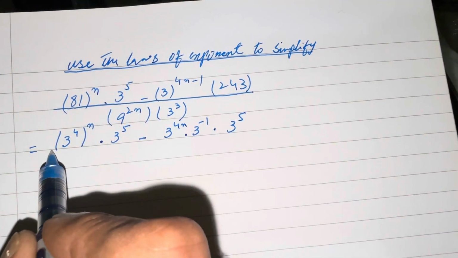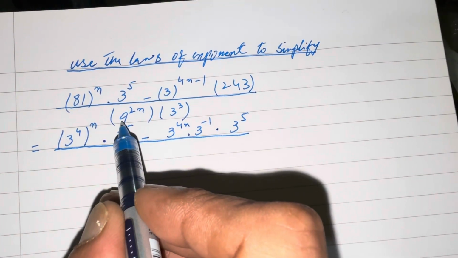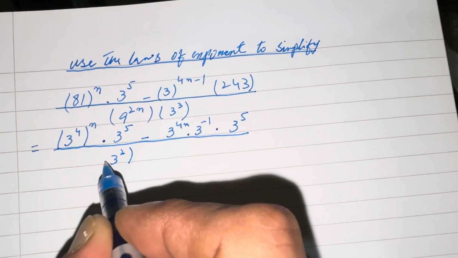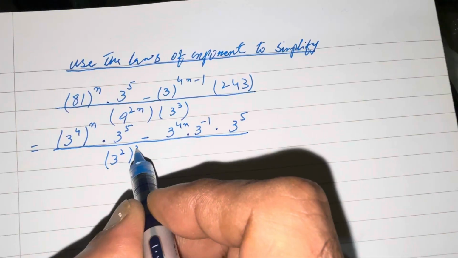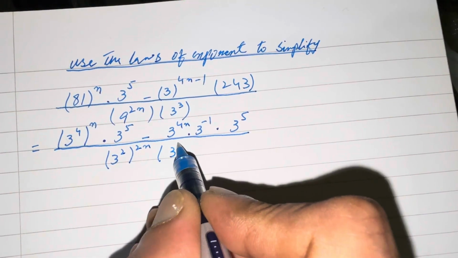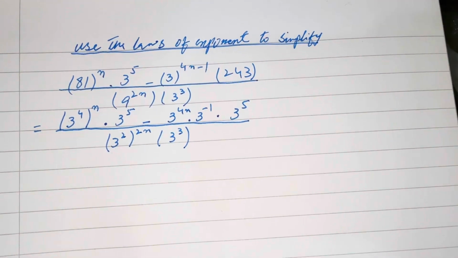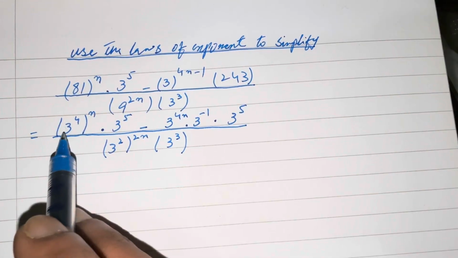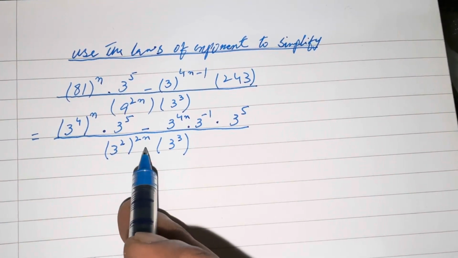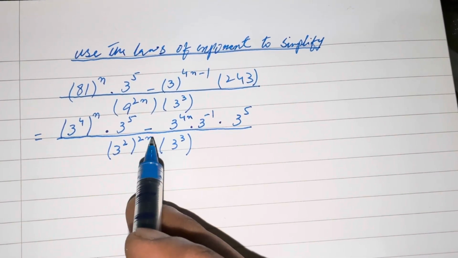So divided by 9, 9 को हम लिख लेंगे 3 raised to power 2 into 2n, and then 3 raised to power 3. So you can see that all the bases we have converted into 3, because that's the requirement of the question that we are going to solve.